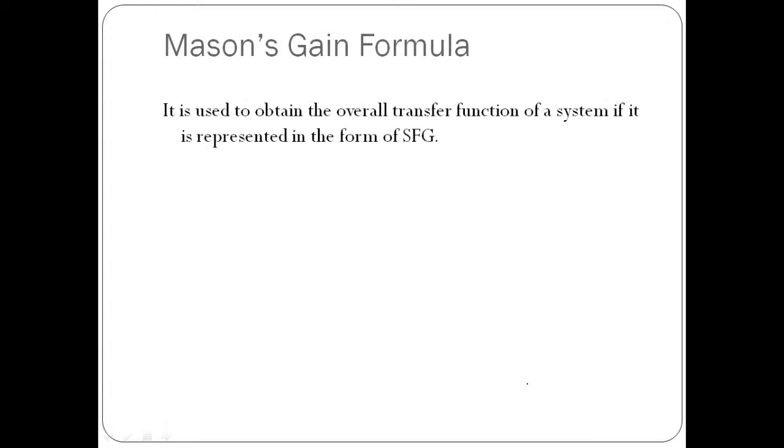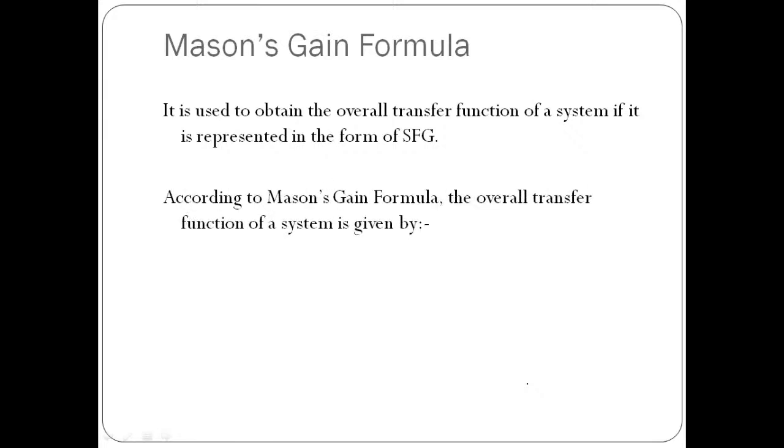Now, let us try to understand what exactly Mason's gain formula is and how this formula plays an important role to find out the transfer function of a system if its corresponding signal flow graph is known to us. This formula is used to find out the overall transfer function of a system if its signal flow graph representation is available with us.